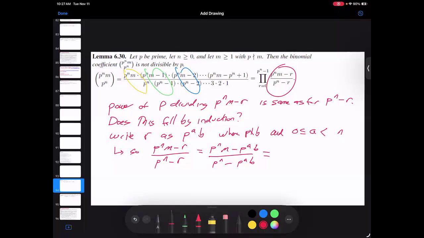So what's the highest power of p I can pull out of the numerator? p to the a. So I'm going to get p to the a, and I can pull out a p to the a from the denominator, and then the numerator becomes p to the n minus a m minus b, and I'll get p to the n minus a minus b. So these cancel. Is the numerator a multiple of p?